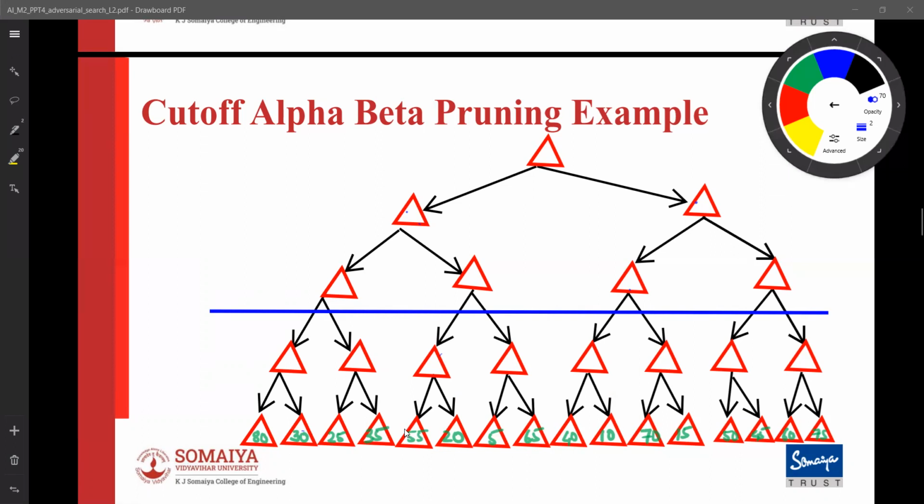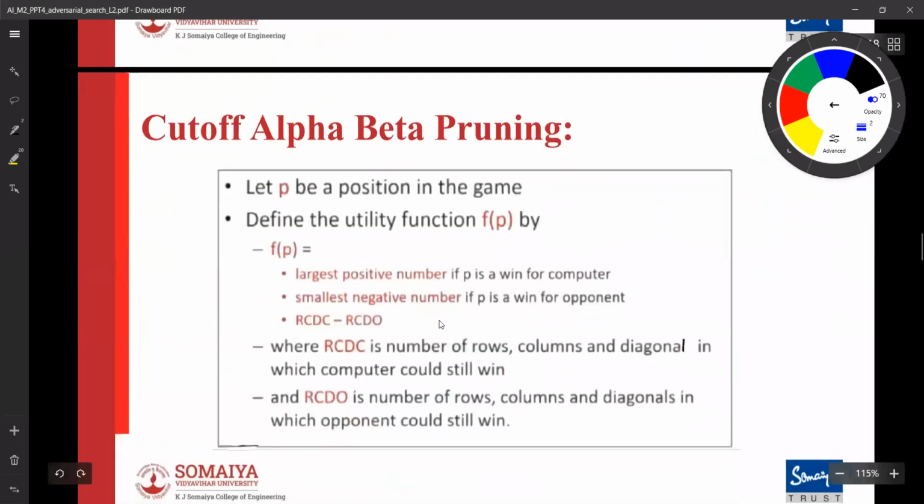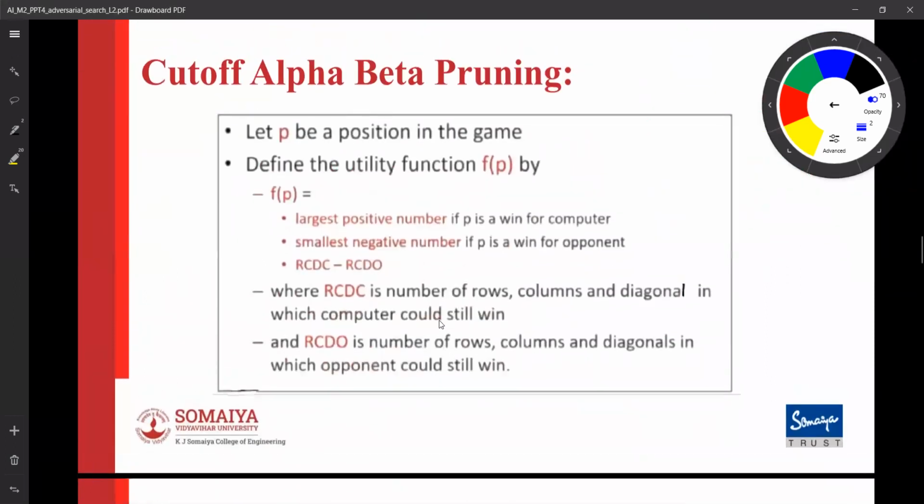So we will call the evaluation function. For example, take tic-tac-toe. Of course this is a very simple example, you can even search till the very end, but suppose I stop in the middle and want to predict who is going to win, or whose position is stronger. What may be a simple way to achieve this?